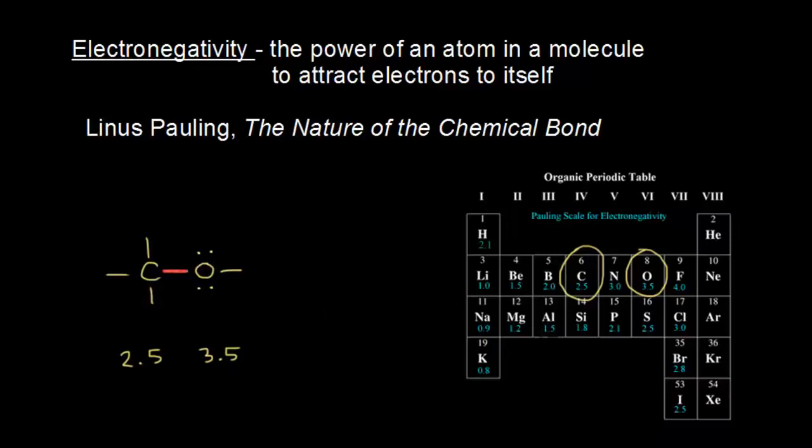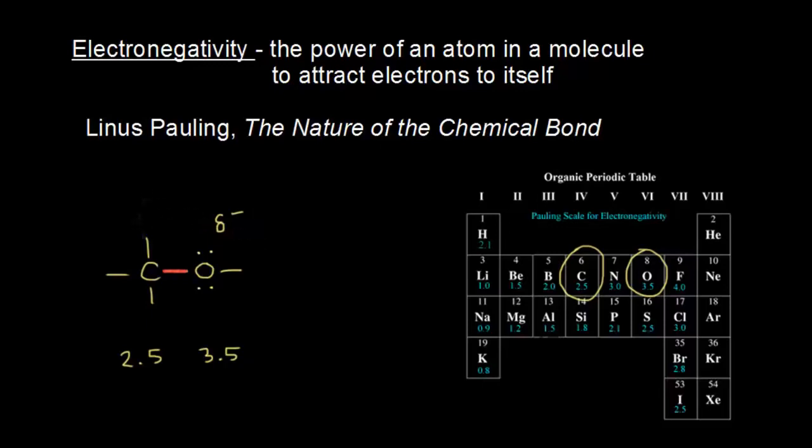Oxygen is going to pull those electrons in red closer to itself. Since electrons are negatively charged, the oxygen is going to get a little bit more negative charge, so it's going to have what we call a partial negative charge on it. Its partial sign is a lowercase Greek letter delta. So the oxygen is partially negative. It's pulling the electrons in red closer to itself.